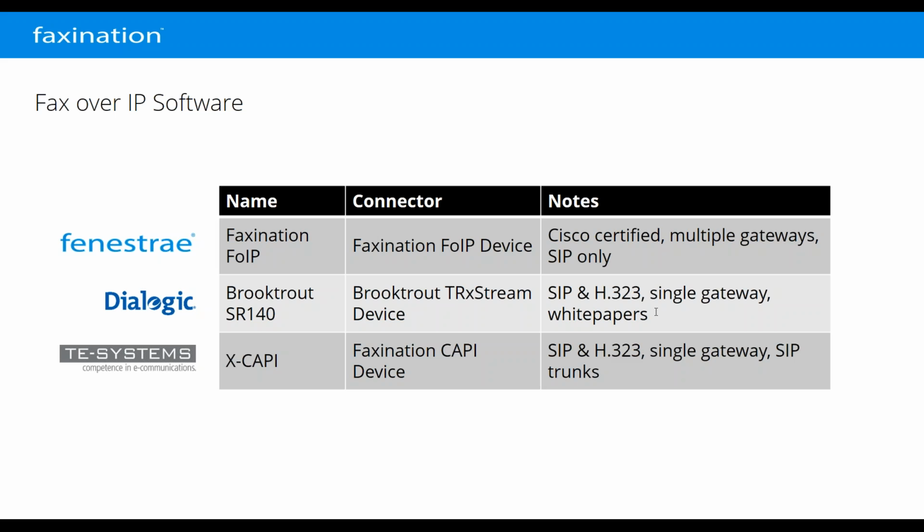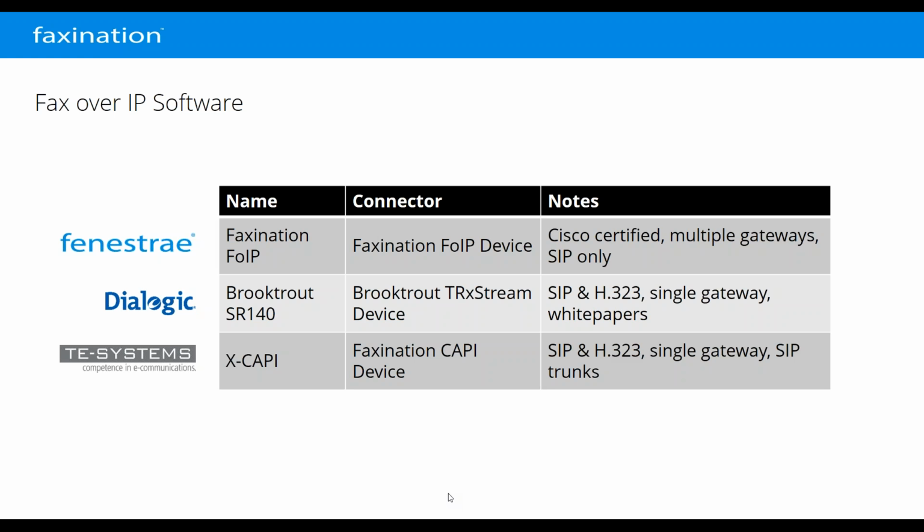You can connect to multiple gateways with the SR140, however, they're for backup only. Only if the primary gateway is down, then it will recover to a secondary gateway. But you can't have one device connected to multiple gateways simultaneously. So if you do need that feature, then you want to go with Fenestre Faxination FoIP. However, be aware we only do SIP and T38. There will be no H323, nor will there be G711 pass-through.